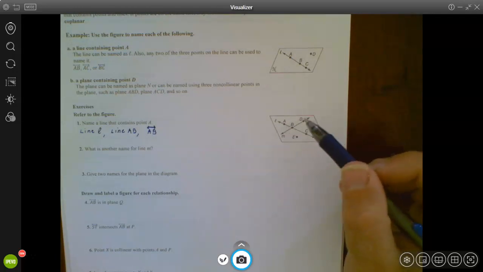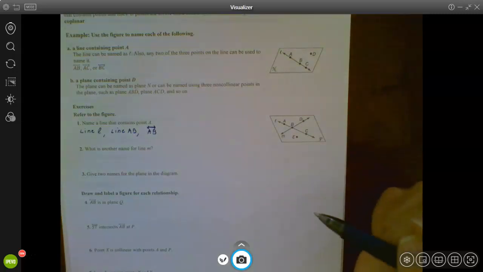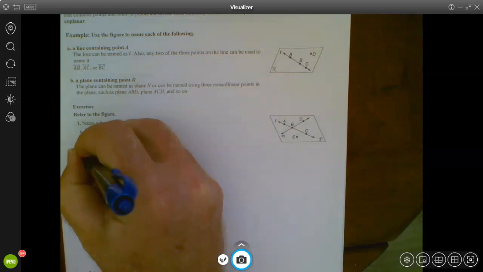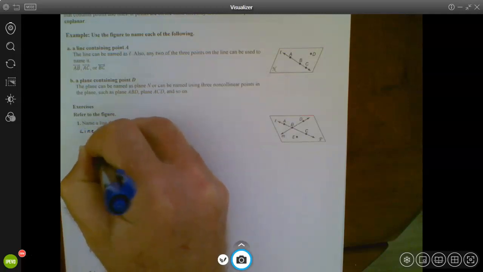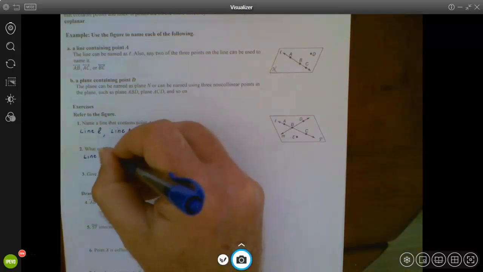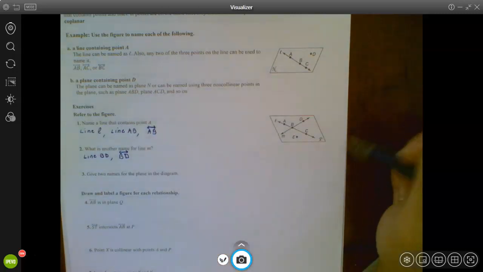And there are only 2 points on the line, so we're just going to use B and D. It doesn't matter what order you put them in. Again, I can do it with words, and I can say line BD, or we can use symbols, and I can just do the BD with my double-sided arrow on top. So any of those would be good ways to go.